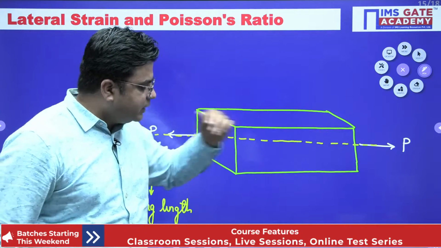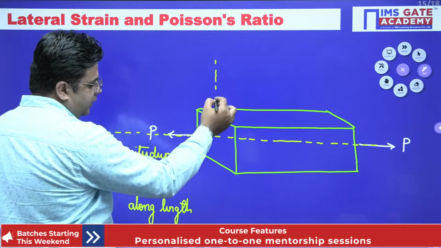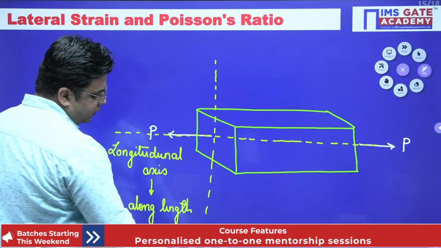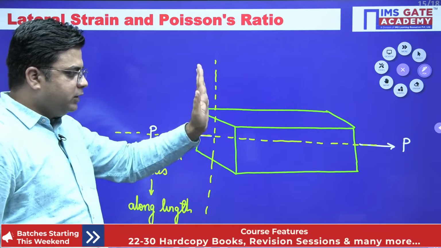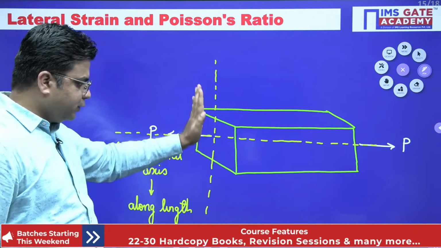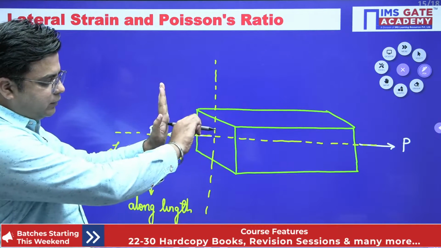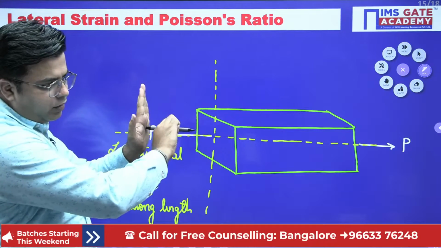Perpendicular to this axis, I will have two axes like this. Suppose this is the face of the material. The axis going perpendicular to this plane is the longitudinal axis.